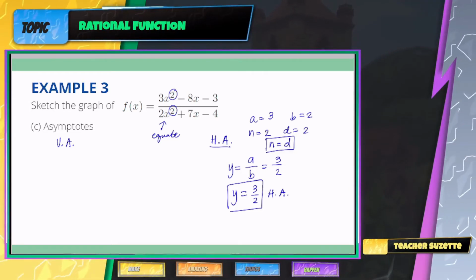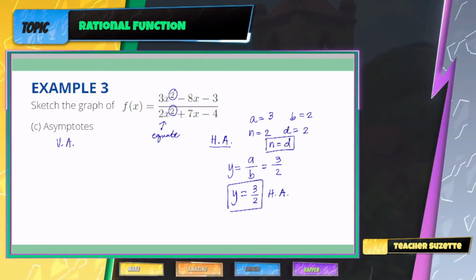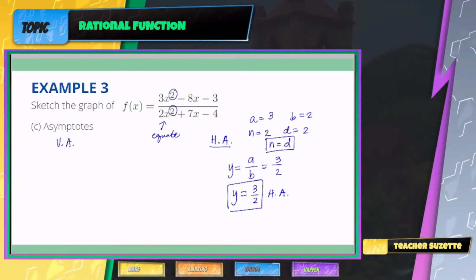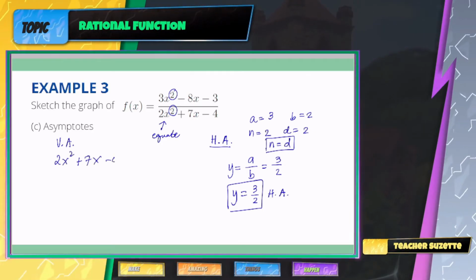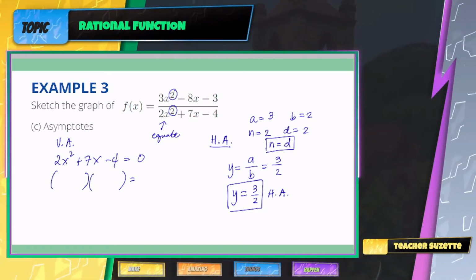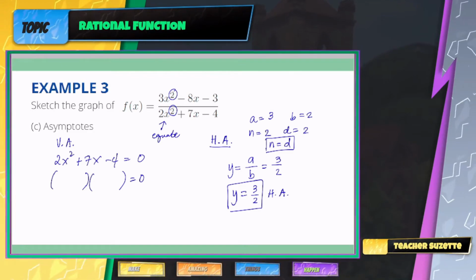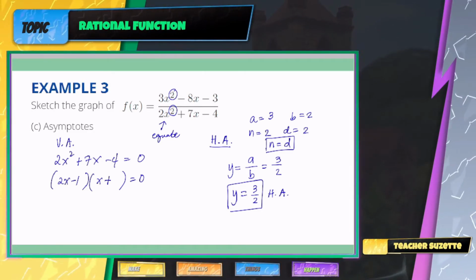Kasi yun yung ating magiging line or boundary sa ating graph. So, mangyayari, you will have 2x squared plus 7x minus 4 equal to 0. And when you factor this out, that is 2x minus 1, x plus 4.